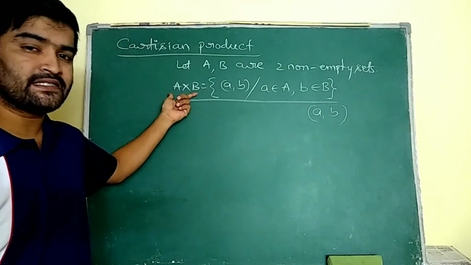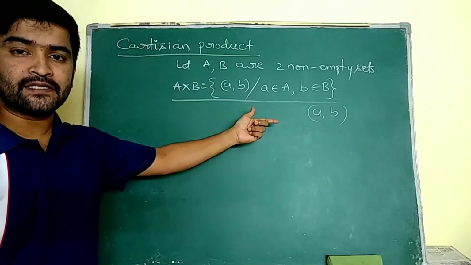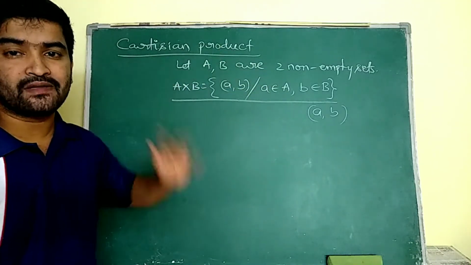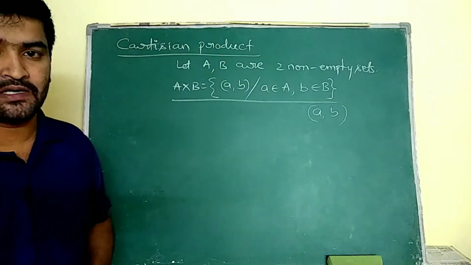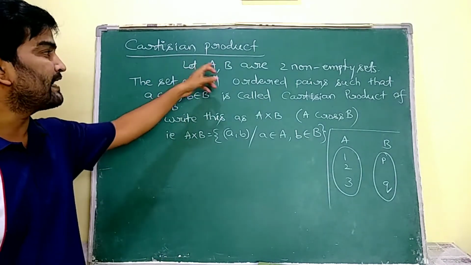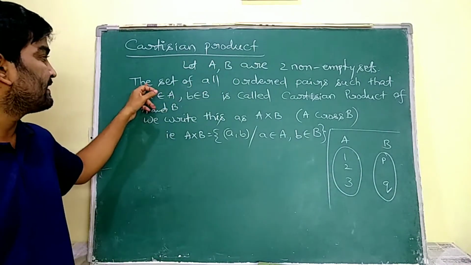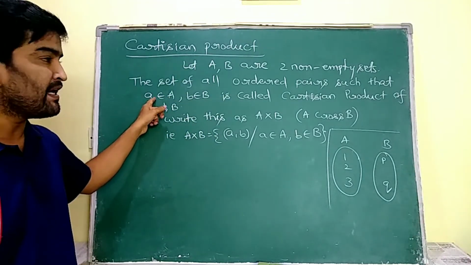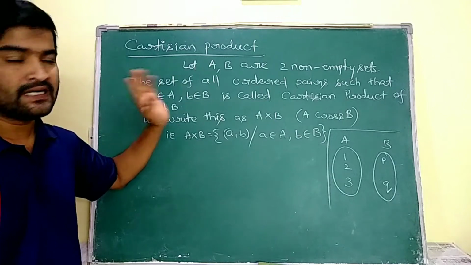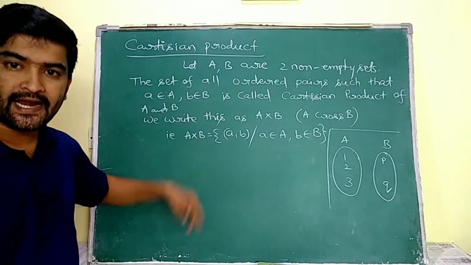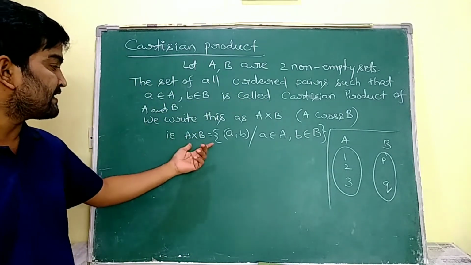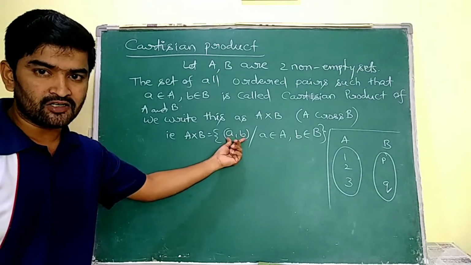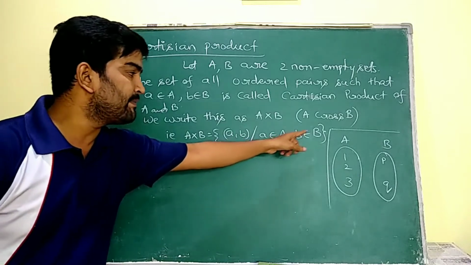So A cross B is the set of all ordered pairs where a belongs to A and b belongs to B. That is the definition we are going to write. Cartesian product means: let A, B be two non-empty sets, then the set of all ordered pairs such that a belongs to A and b belongs to B is called the Cartesian product of A and B. We express it as A cross B equals {(a, b) : a belongs to A, b belongs to B}.